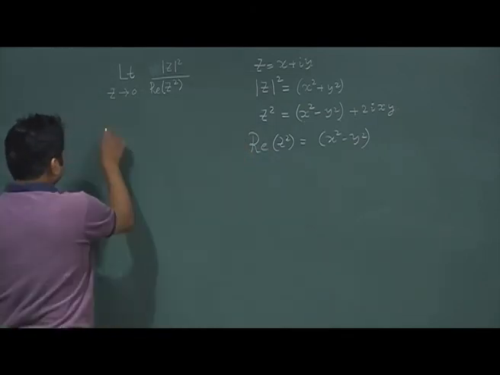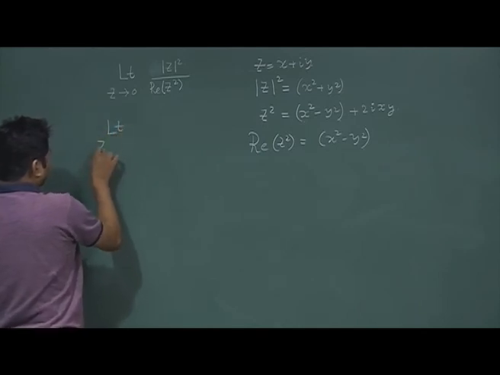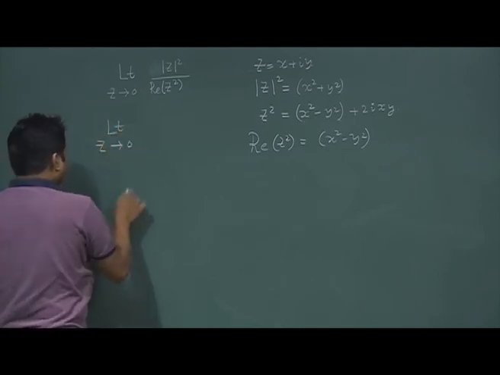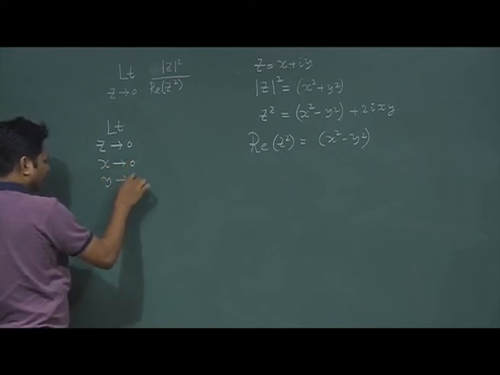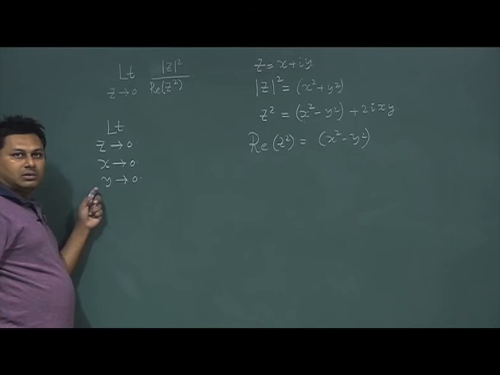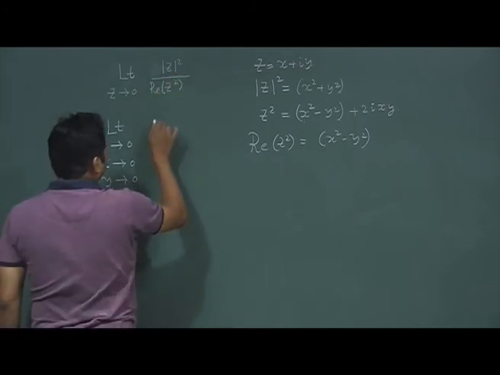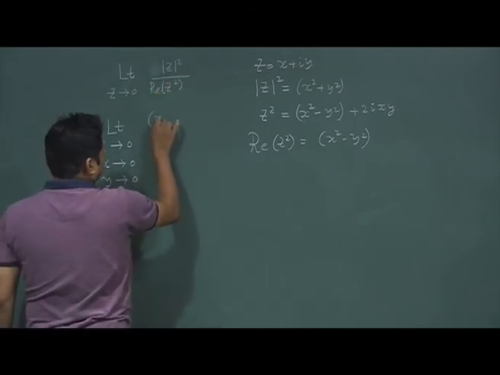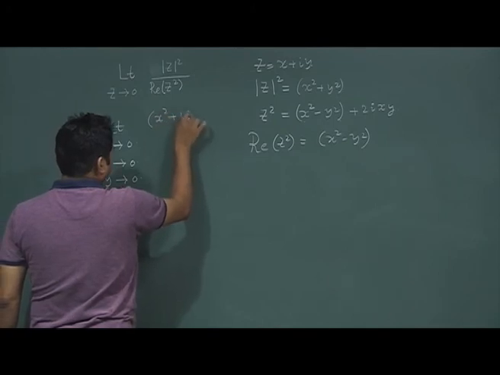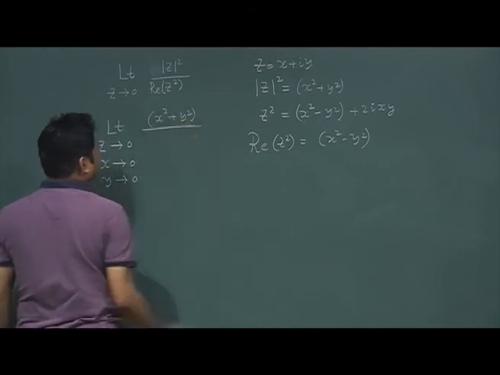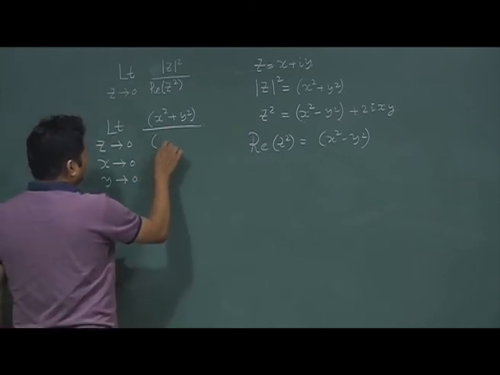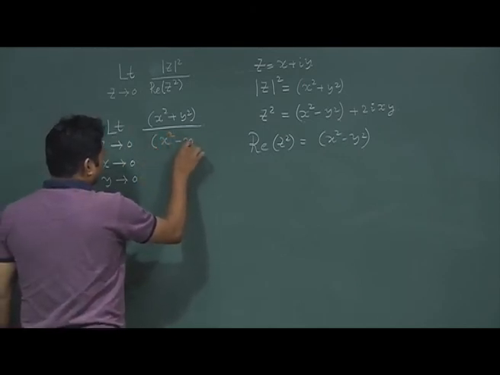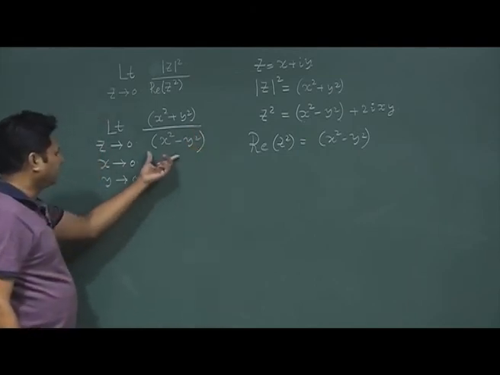So if I put it here, what I am saying is that z tends to 0, which essentially means x tends to 0 and y tends to 0. This quantity is x^2 + y^2. I just put everything in terms of x and y, and the real part of z^2 is x^2 - y^2.